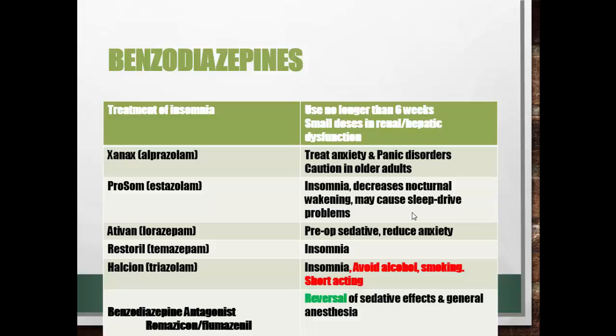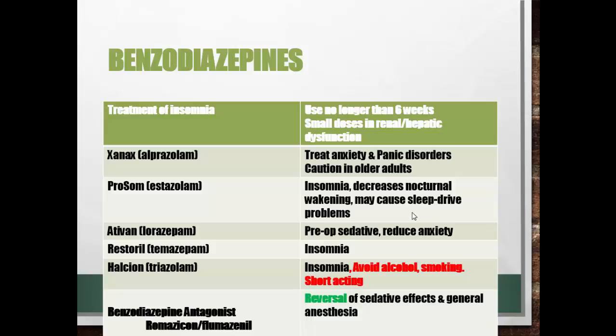Another benzodiazepine that you should learn is citalopram. Those are all used quite commonly for their anxiolytic effects. But they are also prescribed at times for sleep. Particularly, I've seen Ativan being prescribed for that fairly often.